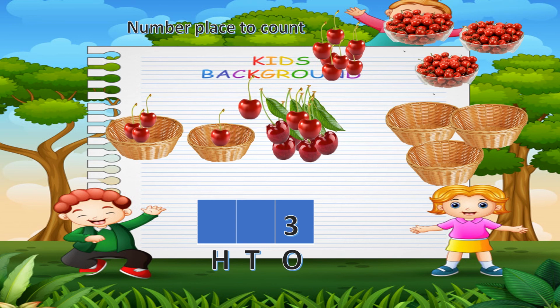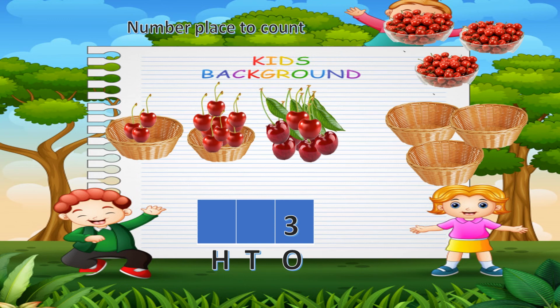Okay, now we have another example. 1, 2, 3, 4, 5, 6, 7, 8, 9, 10. We have one group of 10 and another group of 10, so it's two groups of 10. We're going to put those two groups of 10 in the second box. Now we have 100 cherries.